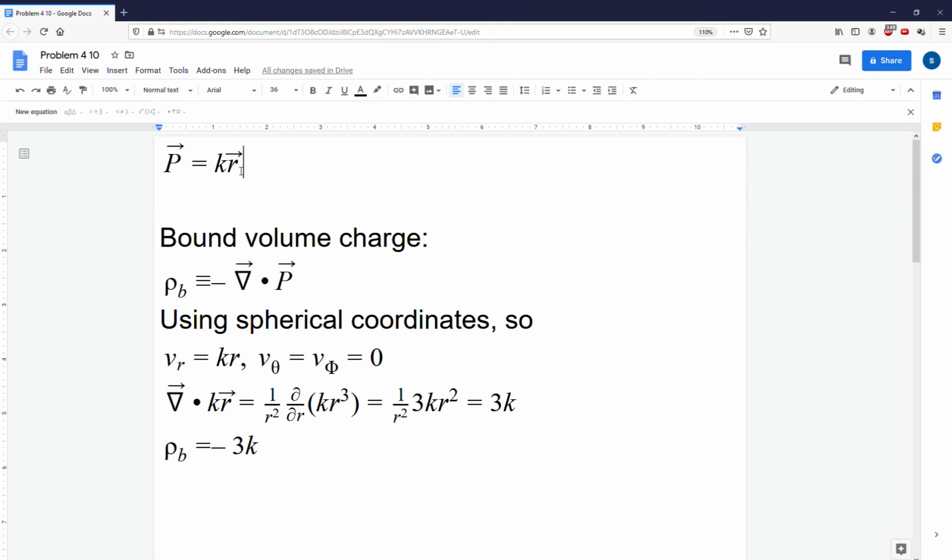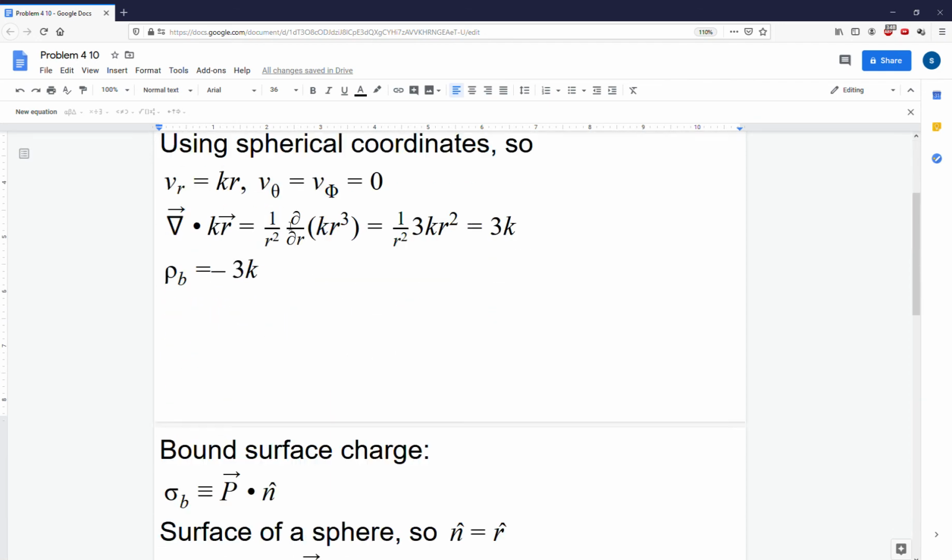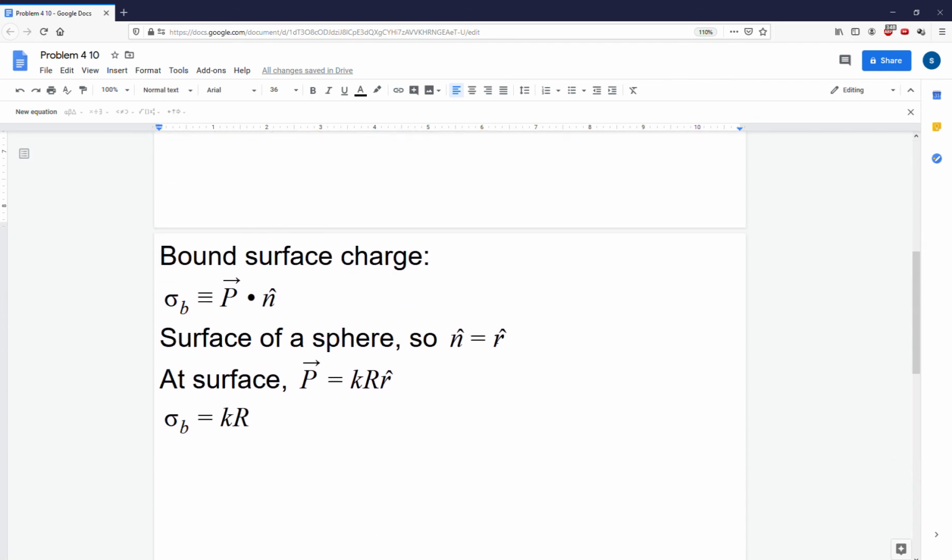Also at the surface, we would say that the r vector is equal in magnitude to big R and is in the r hat direction. So k R r hat dot r hat, and r hat dot r hat becomes 1. And so the bound surface charge is equal to k times R.